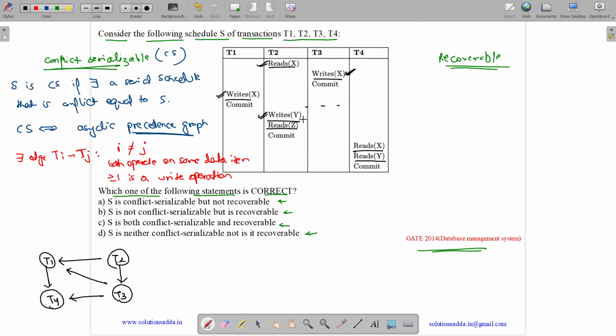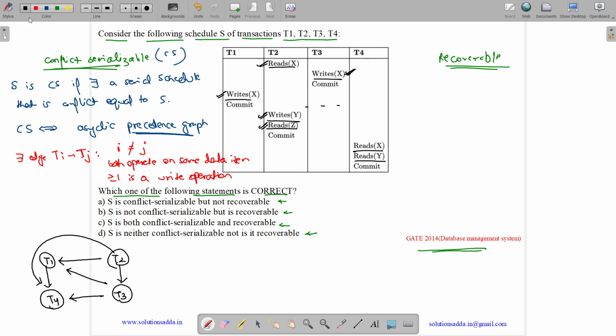Now let us do this write of Y. There is no transaction of T1 and T3. With T4 it will have one because there is write of Y and read of Y. So there will be an edge from T2 to T4. Now let us do read of Z, but there is no other transaction on Z. Read of X, there is no transaction after this. Read of Y, there is no transaction after this. Now let us see whether there exists a cycle or not.